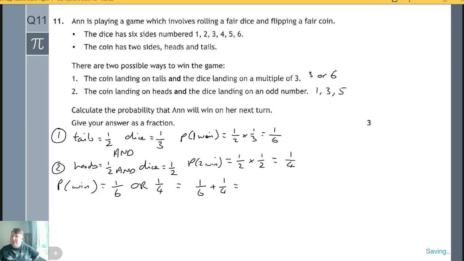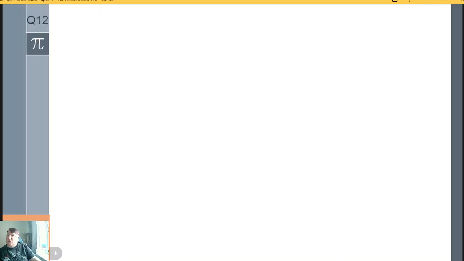We need the denominators to be the same, so let's make it over 12. So a sixth is 2/12 and a quarter is 3/12. So the probability is 5/12 of a win. Okay. Not bad odds, actually.